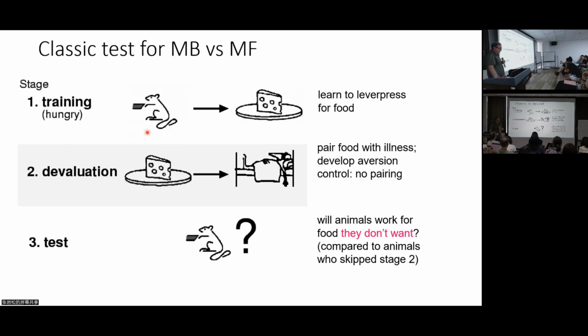The idea is you train an animal to lever press for food, okay? And then you want to make the animal not want the food anymore. It turns out, this is something I learned, maybe you experimentalists can verify this is true, but I understand that rats can't vomit.